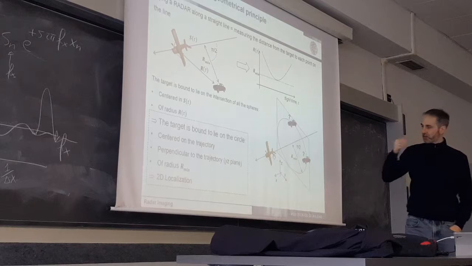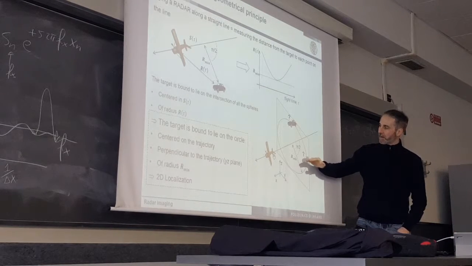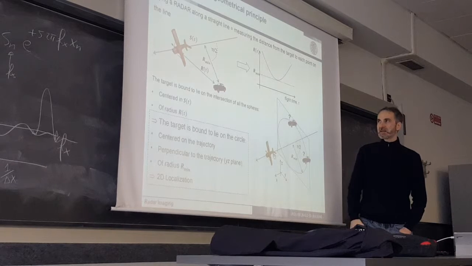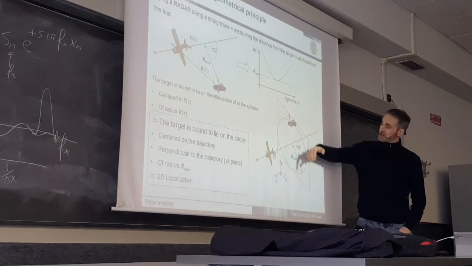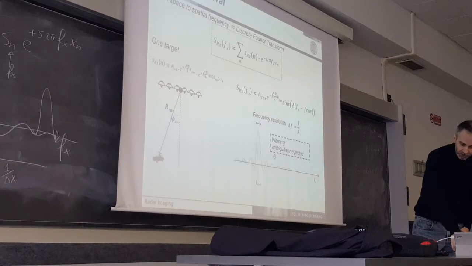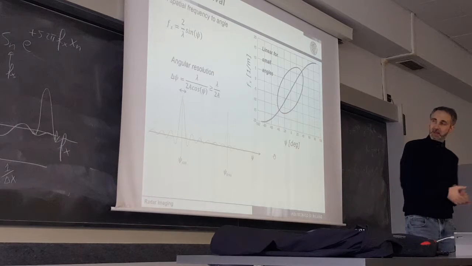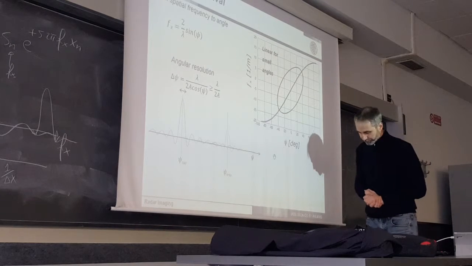And you just don't know. But if you limit your analysis to half space, then your imaging is not ambiguous between plus and minus 90 degrees.